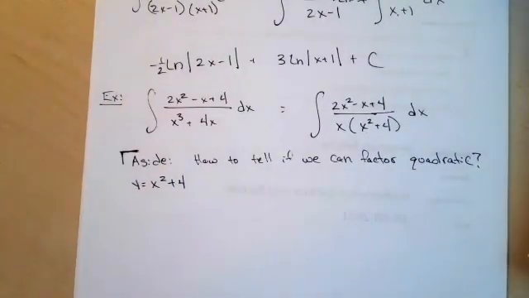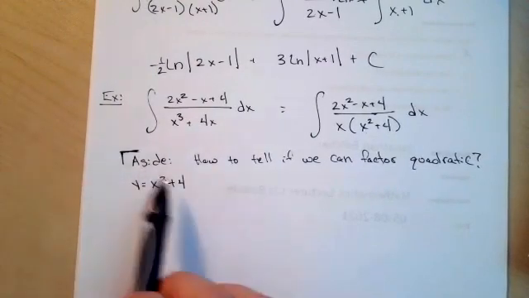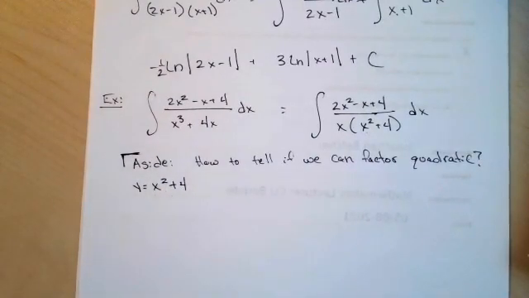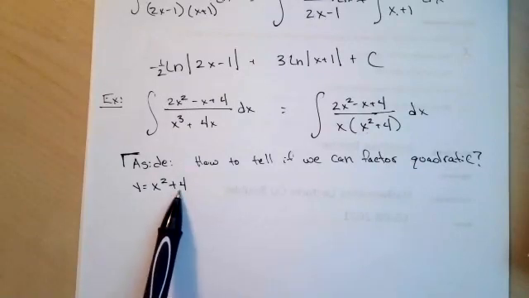And case in point, we've got x squared plus 4. Well, if we tried to factor it, one, you could try to write it as a difference of squares. However, it's really a sum of squares. For those of you who have had complex numbers somewhere in high school, the roots would be 2i and negative 2i.